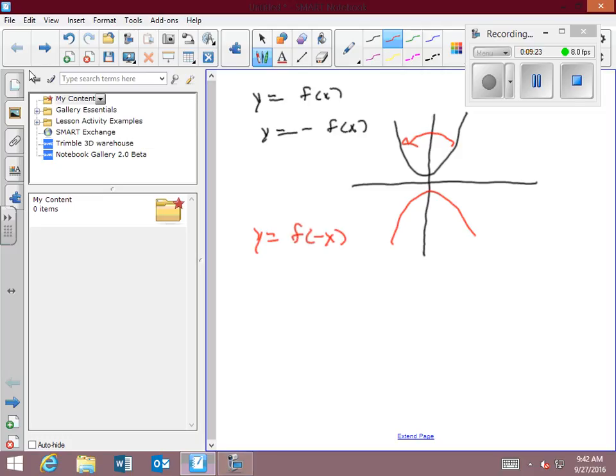So let's look at the problem set, 1 through 10. It says assume that T is a linear transformation.